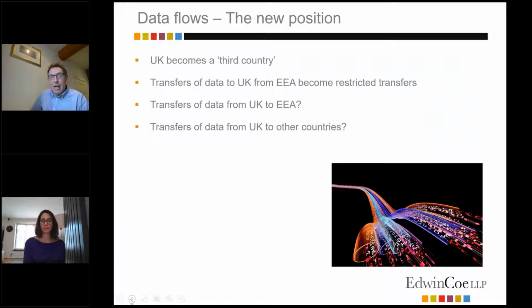So the UK has said that essentially the EEA has an adequate level of protection. So what that means in practice is that you can transfer your data from the UK out to the EEA without needing to do anything else. It's okay because it's been found to be adequate. So that's good. That's one less thing to worry about.